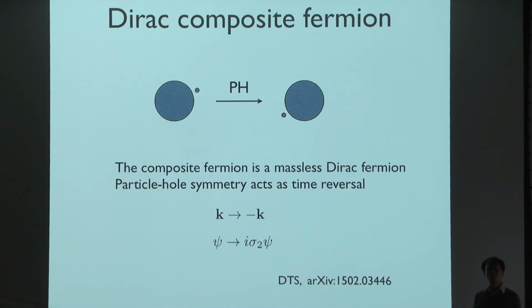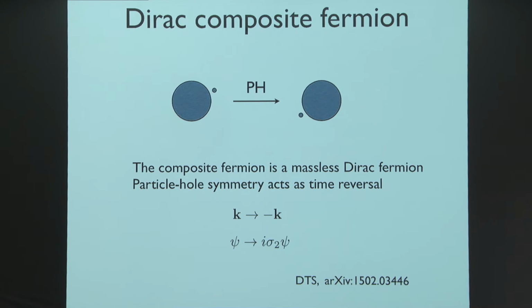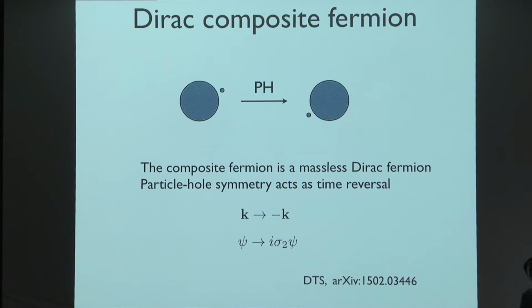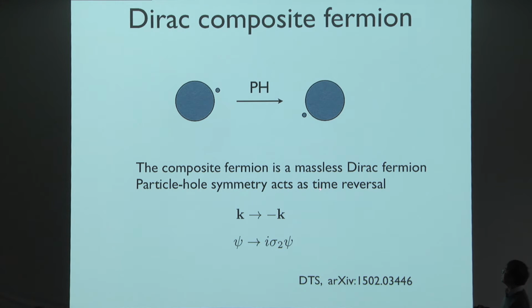So there is no problem here, I think. We can discuss later. Whether a transformation is time reversal or not is independent of which variables you use. It depends on the language that you use. You don't have to think about this as a time reversal. I could have just erased this from the slide.